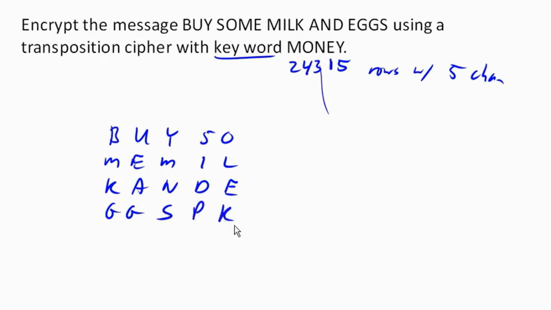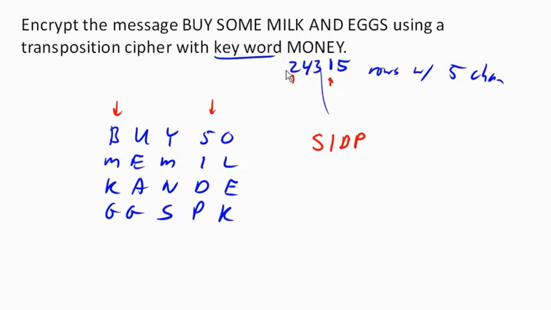To write down our encrypted message, again, we're going to use this as the key for what order to write the columns down in. So this says, first, write down the fourth column in the message. So first I'm going to write SIDP. The second column is going to be this one, because again, this is telling me the order in which to read them.